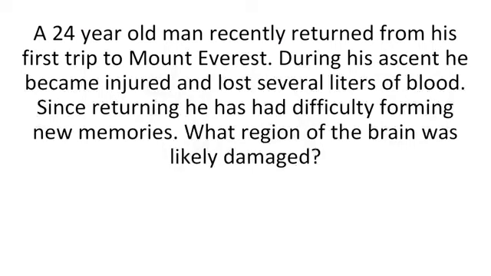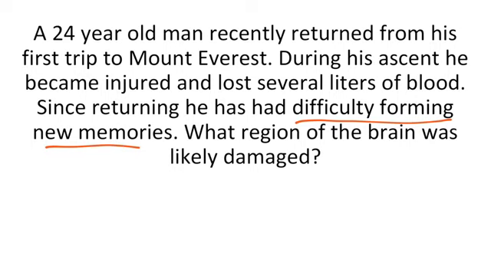So unless the question stem alludes to damage to the mammillary bodies, as we saw with the last example, memory loss should make you think of damage to the hippocampus. So we know that this patient has had difficulty forming new memories, and there's no sign of thiamine deficiency, so we should immediately think of damage to the hippocampus.